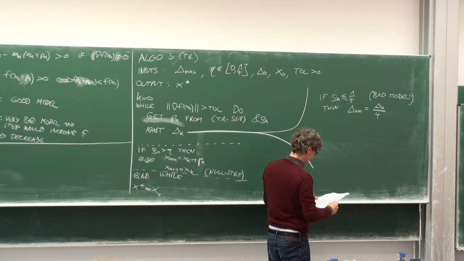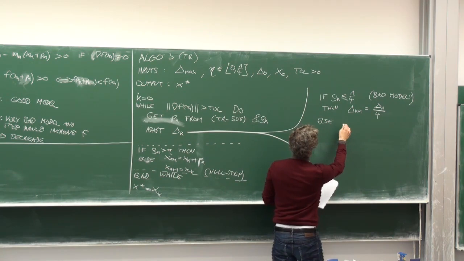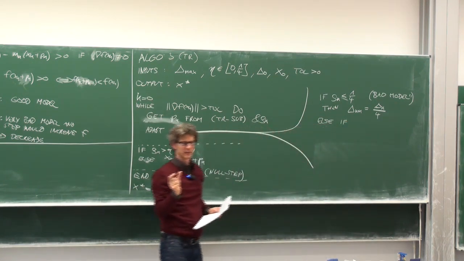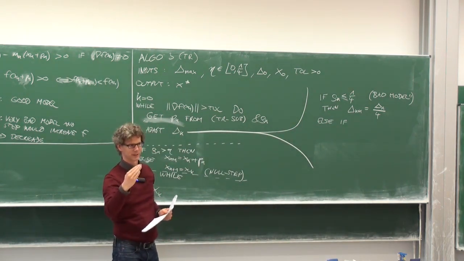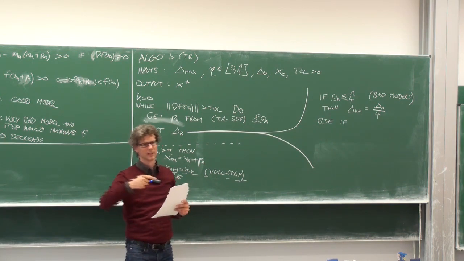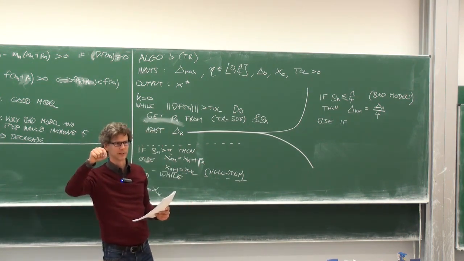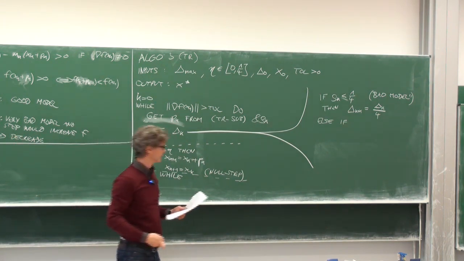Then the other thing is you want to sometimes increase. And you increase it in one situation only, namely when you have a good model and you are at the boundary of your trust region. If you have a good model and your radius is so big that your solution is not at the boundary, you don't need to increase it because it was not binding anyway.